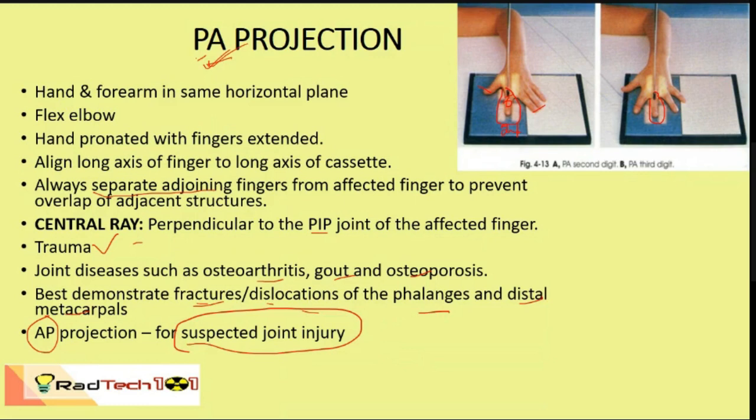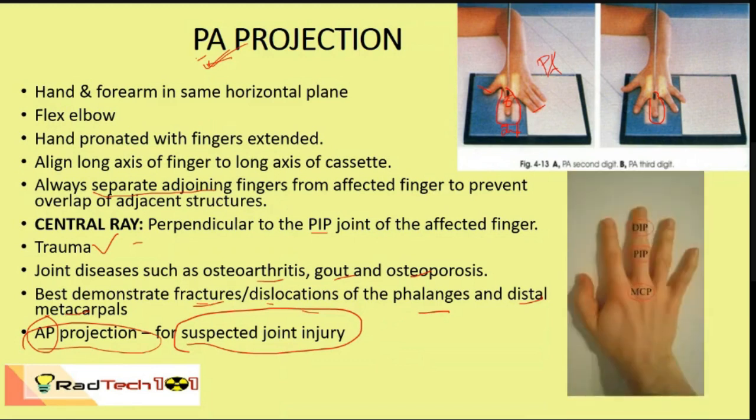So for suspected joint injury, so we perform AP projection. So dahil naka-PA ito, so baligtarin lang natin. Nakasupine naman yung hand para maging AP siya. So, ito yung ating pip joint. So, dito perpendicular, halimbawa.